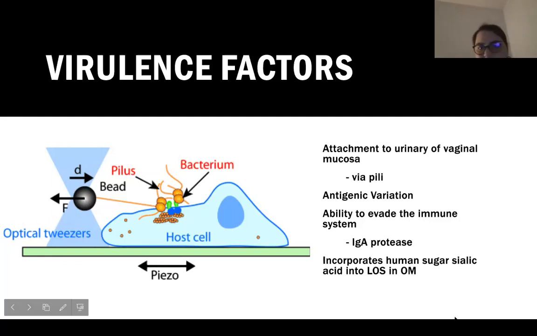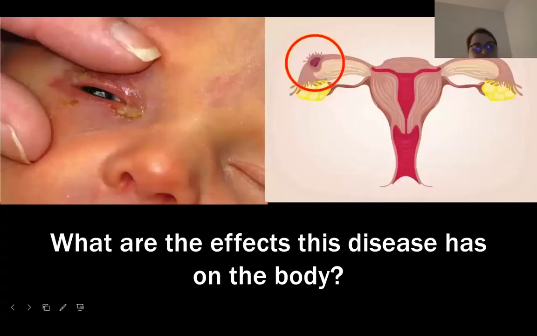Next slide. The effects this disease has on the body when the epithelial cells are attacked are, for men, the inflammatory response leads to urethritis, whereas in women, it leads to cervicitis. In women, infection may progress into the uterus, fallopian tubes, and ovaries, which can cause PID, thus resulting in sterility or ectopic pregnancies.